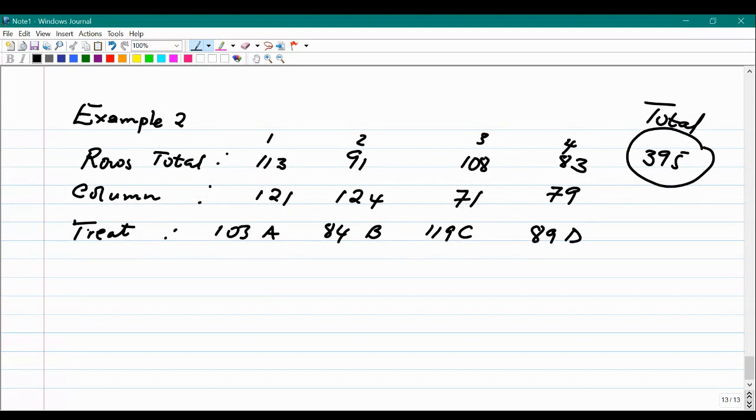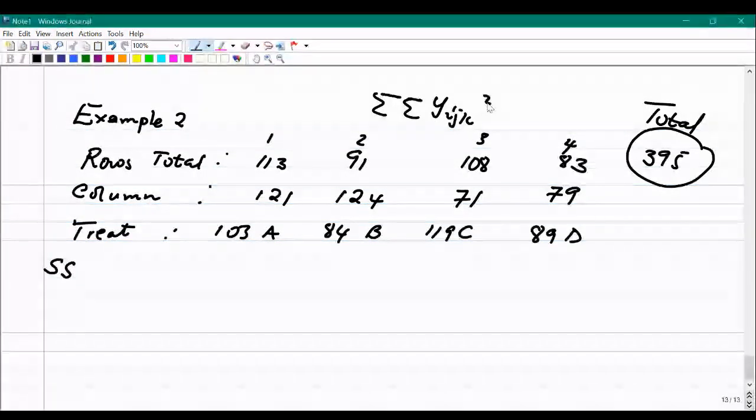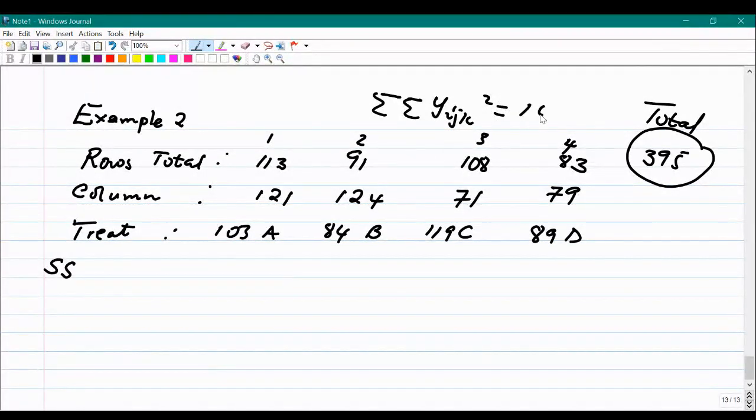Now let's do the calculation. SSTO. So give us that double summation: 10685, right? Let's do the calculation.